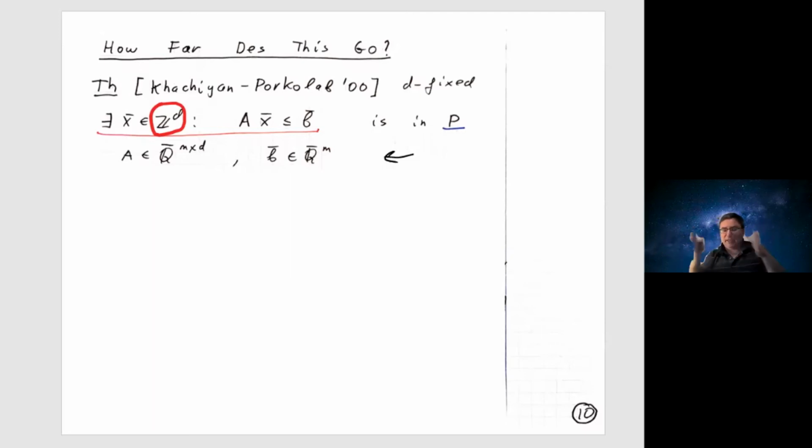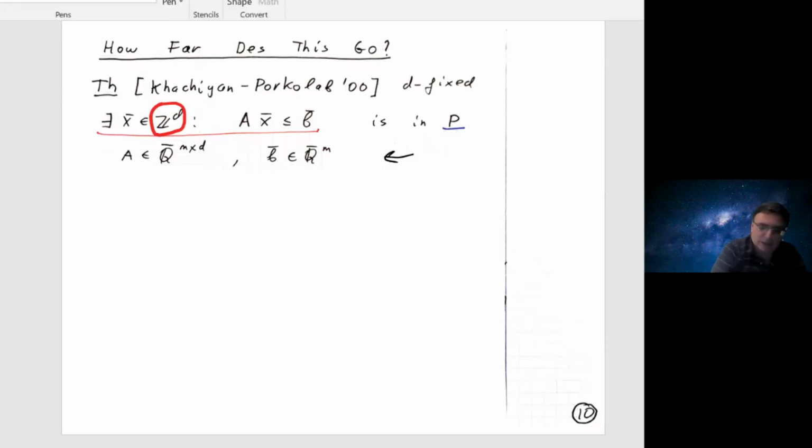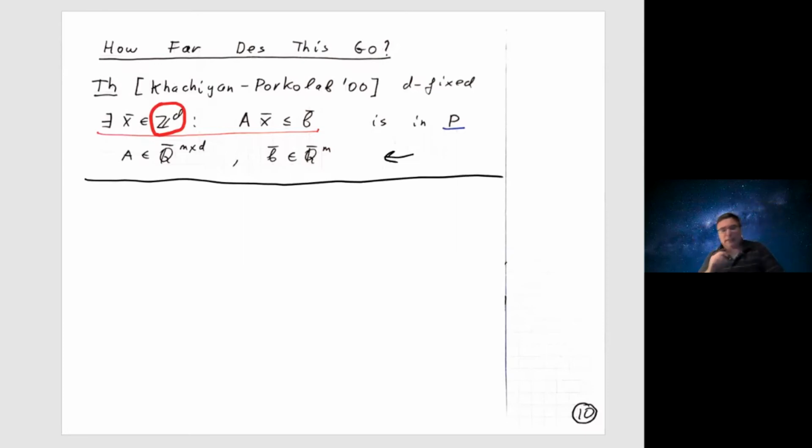You can have a complicated system of inequalities. It doesn't matter. What Khachiyan and Porkolab explain is that one can actually prove this using somewhat similar ideas to Lenstra, and a little more. I can explain more, but let me move on.